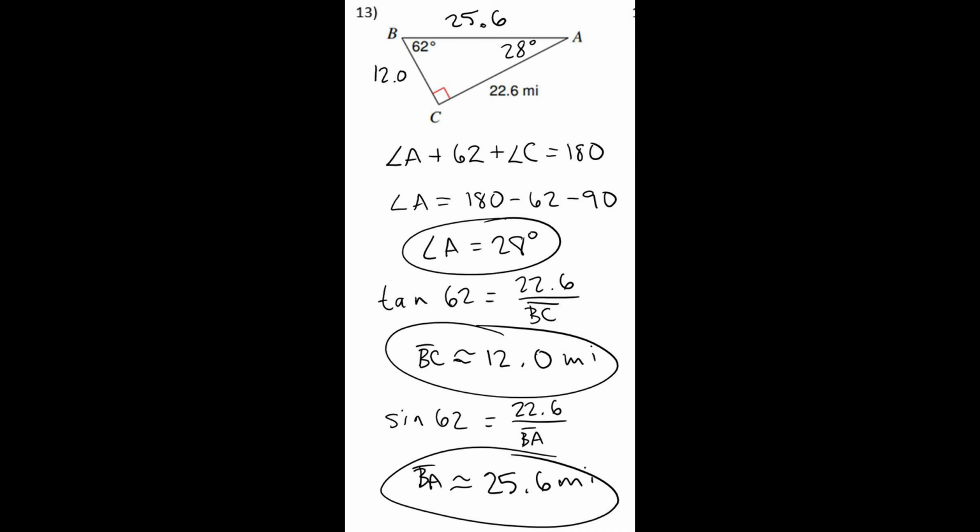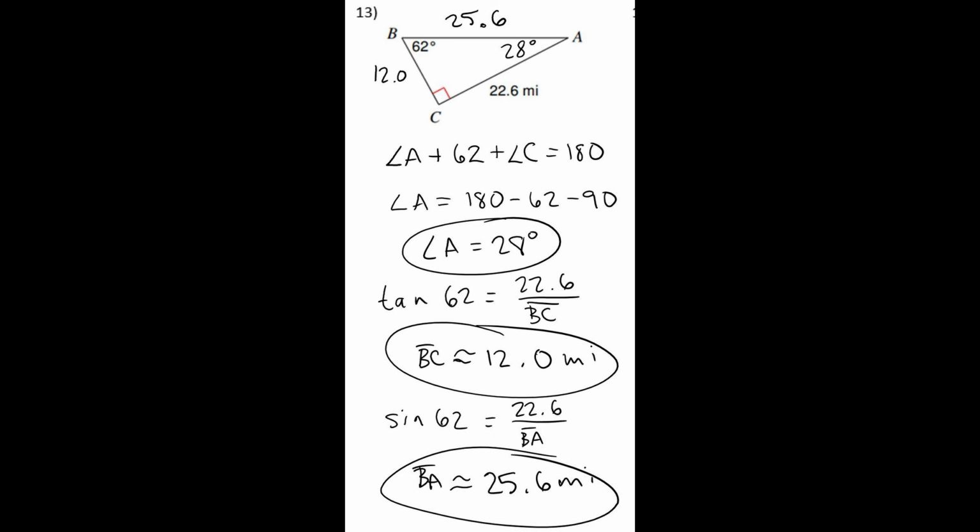So the 28 degrees is across from the 12, and that's the small side. 62 is across from the 22.6, and that's bigger. And the hypotenuse, like I said, always has to be the longest side. So that looks pretty believable with those numbers. I always do that, especially on an ACT or SAT test, just to make sure it makes sense. Because a lot of times you do a whole bunch of work and you have an answer and it doesn't make any sense. So just make sure it makes sense at the end.